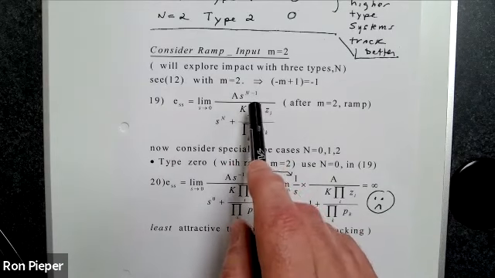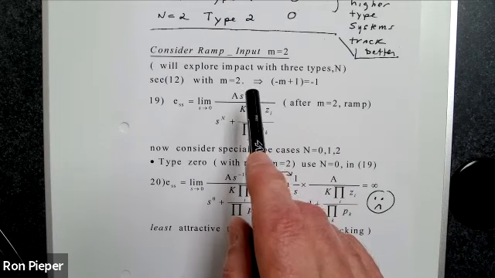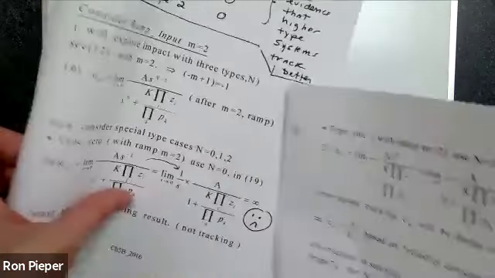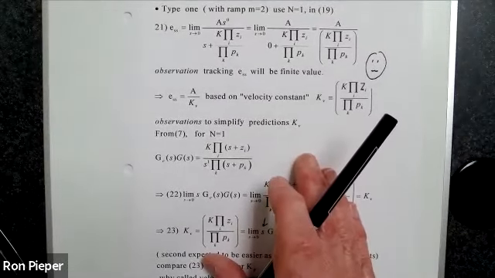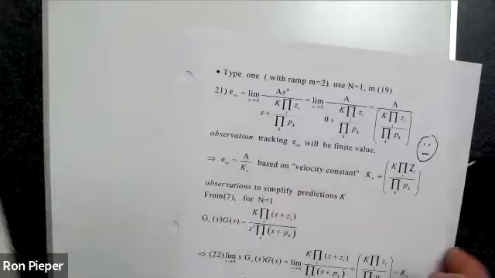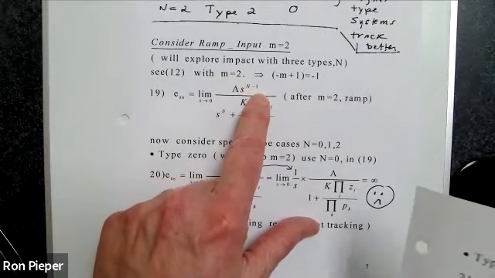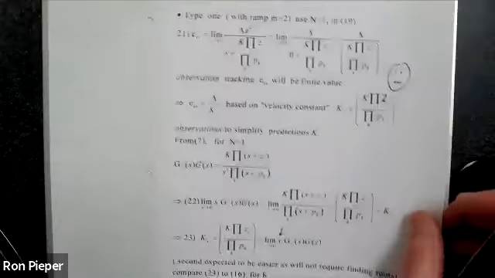Since previously we did N equal to 0, we'll do the type 1 system here. If we do that, we can see where that S to the 0 comes from, because N equal to 1, 1 minus 1 is 0. And since N equal to 1, that's S to the first part, which is simply S.